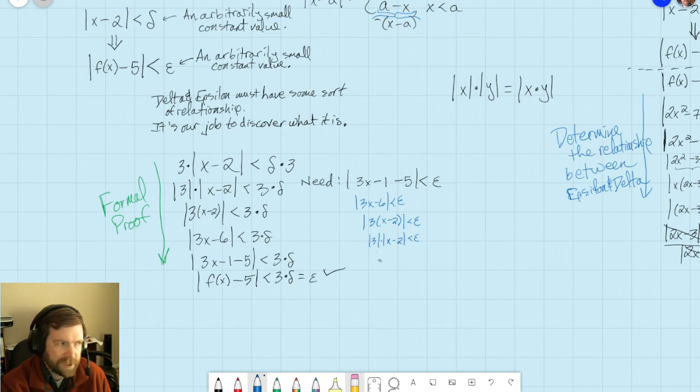The absolute value of 3 is just 3, so the absolute value of x minus 2 is less than epsilon over 3. So epsilon over 3 is our delta, which we figured out over here. Or epsilon equals 3 delta, which is what we found.